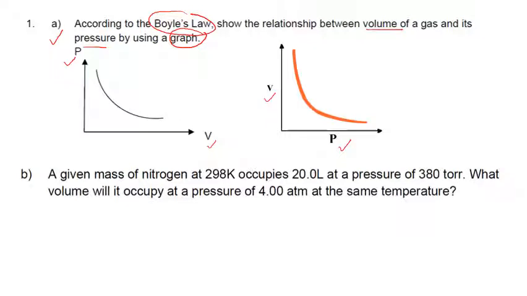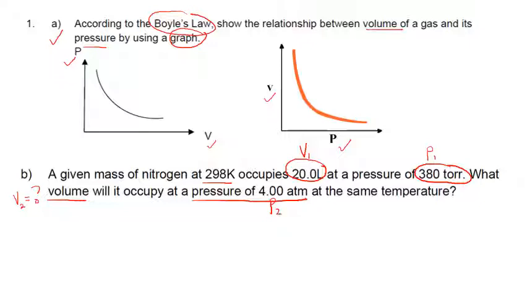A given mass of nitrogen at 298 Kelvin occupies 20 liters, so this refers to volume, so we will place this at V1, and a pressure of 380 torr, so we will place this one. Torr is the unit for the pressure, so we will put P1. What is the volume? The question asks us to look for the volume, which is V2, at a pressure of 4 atm.